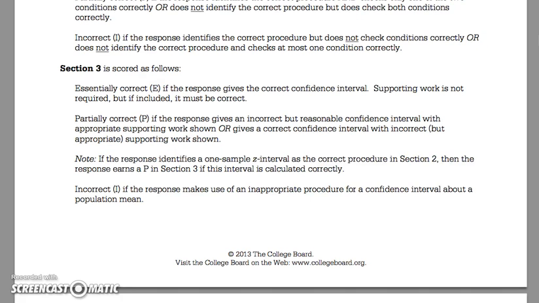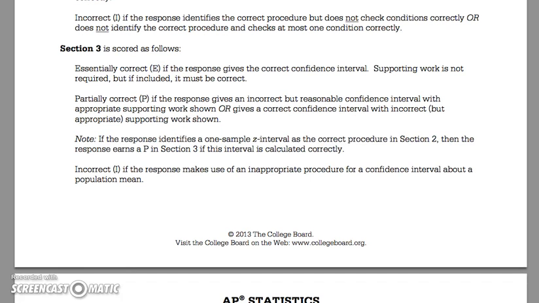In Section 3, essentially correct if the response gives the correct confidence interval. Supporting work is not required, but if included, it must be correct. Partially correct if the response gives an incorrect but reasonable confidence interval with appropriate supporting work shown, or gives a correct confidence interval with incorrect but appropriate supporting work shown.